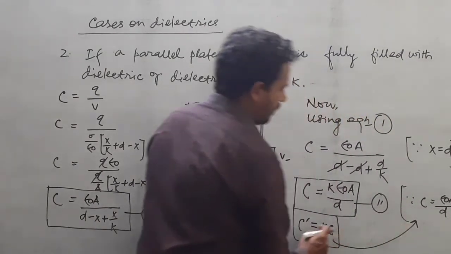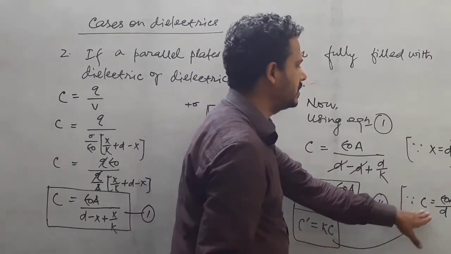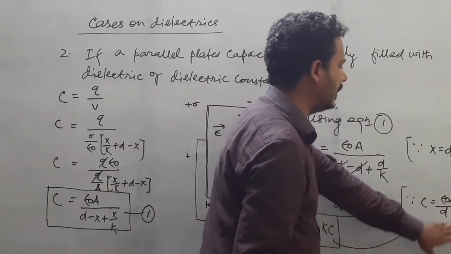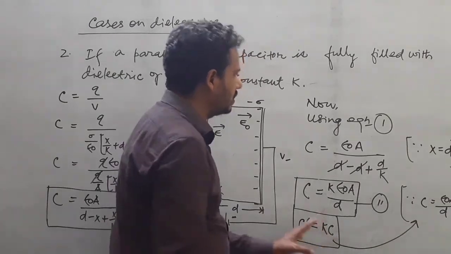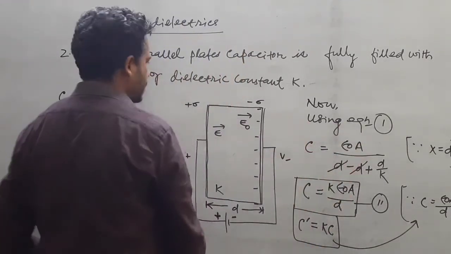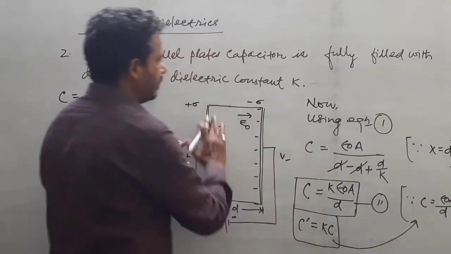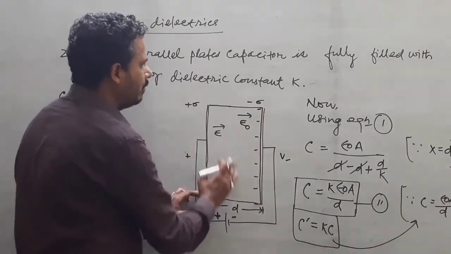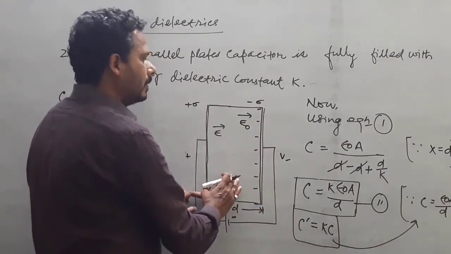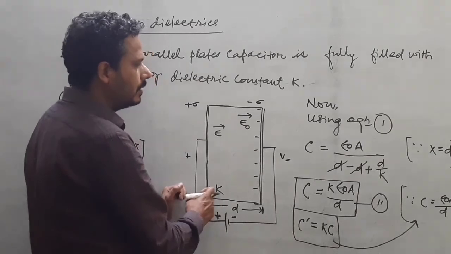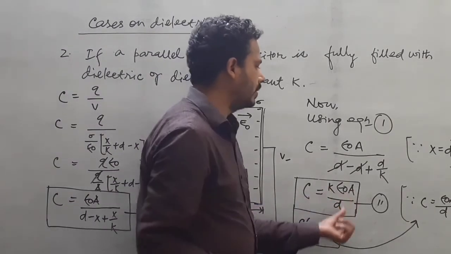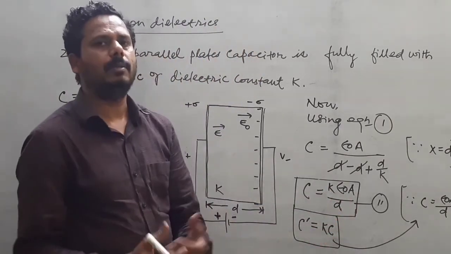That's why C dash would be K times C. Otherwise, using this equation, we have the capacitance when your parallel plate capacitor is fully filled by a dielectric of dielectric constant K. You can see here, that would be K epsilon naught A by D, which is just multiplied by K.